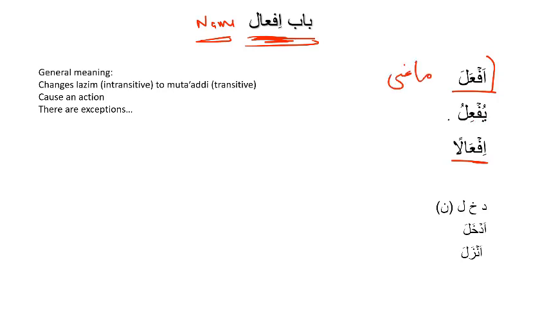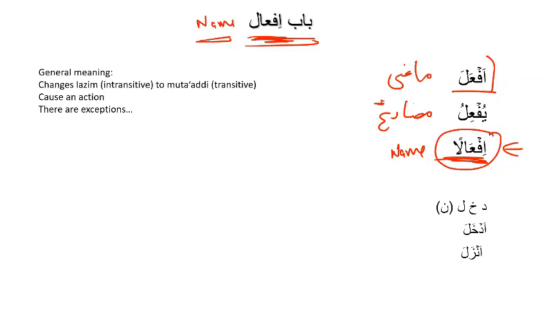Then we have yuf'ilu, this is the mudare, which is present / future. And then if'alan, this is the formal name. So the formal name for this bab is babe if'alan, but the short form, the way it is normally called, is babe if'al. So this is the official name, if'alan, but when we are referring to this, we just say babe if'al.